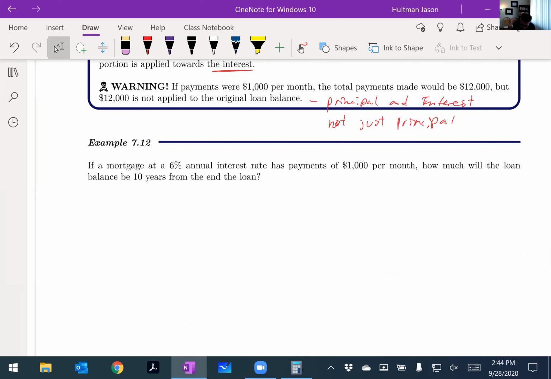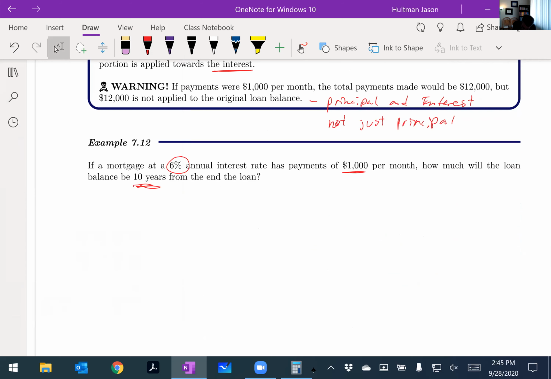So if a mortgage at 6% annual interest rate has payments of $1,000 per month, how much will the loan balance be 10 years from the end of the loan? Okay, so 10 years from the end of the loan, right?